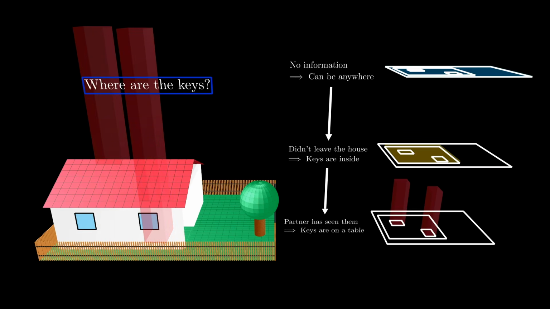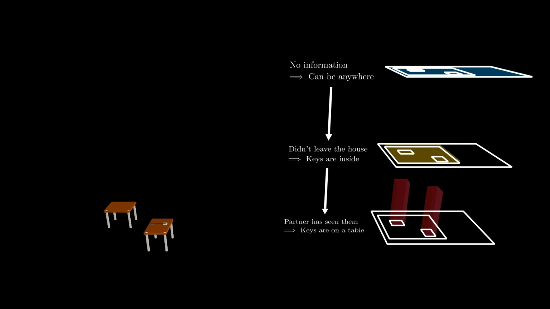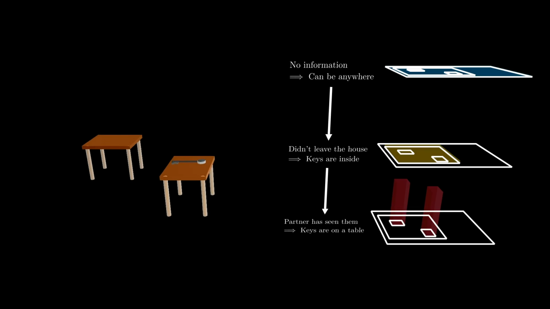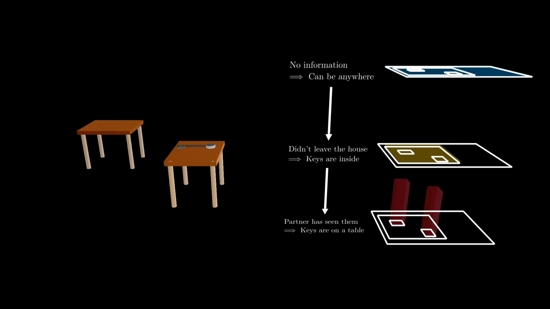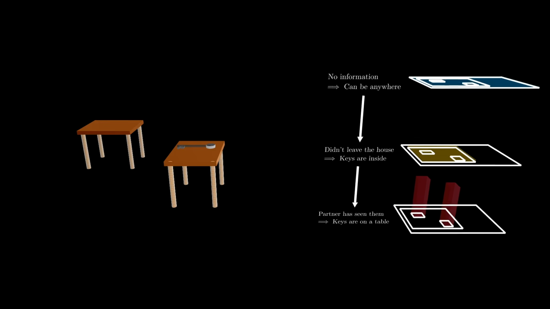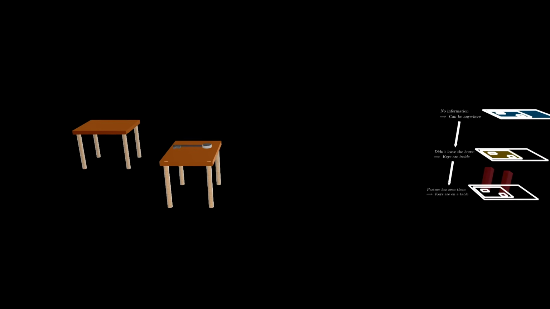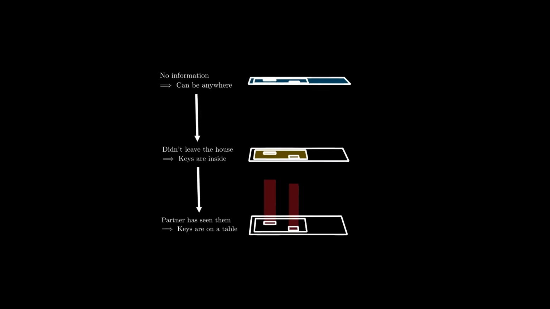And as last step, you go and check one of the tables. Either you find the keys directly, or you figure out that they have to be on the other table. In any case, you found your keys. So, what did we do here? How did we incorporate each piece of information?